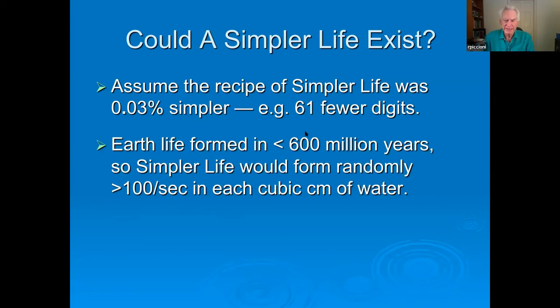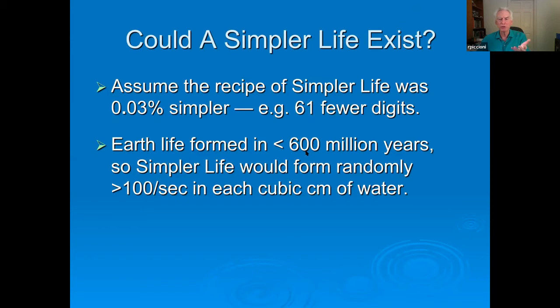Okay, what does this mean? Since we believe life on Earth formed in no more than 600 million years, if you assume that life formed through some random chemical or physical process, then this simpler life would be easier to form by 61 digits, 61 powers of 10, because it has a simpler DNA than J. Craig Venter's DNA.